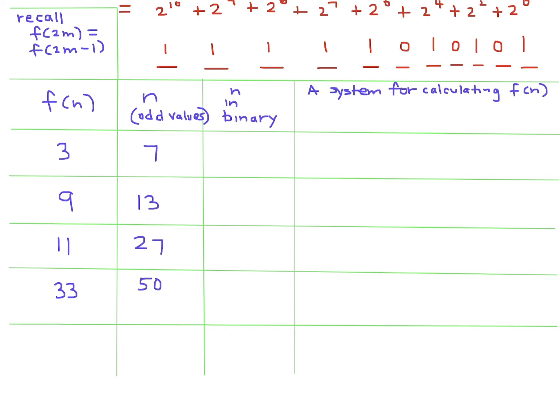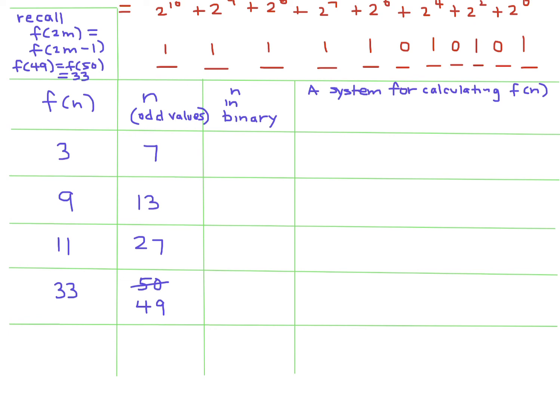But no problem, that's where this comes in. If 50 is 2m, that means m is 25. So f at 2m minus 1 would be f at 49, correct? And f at 49 is equal to f at 50, which we got as 33. Perfectly according to our calculations and findings previously.